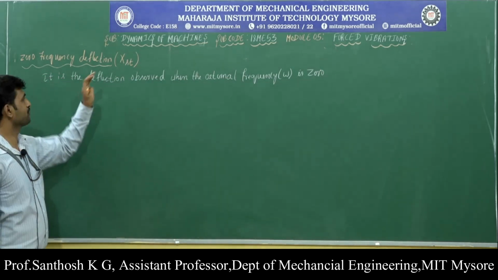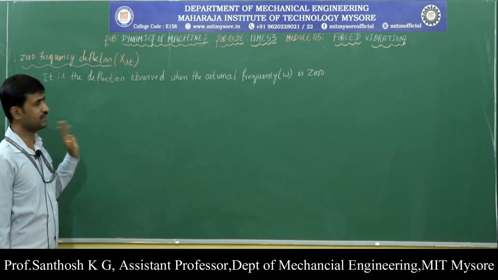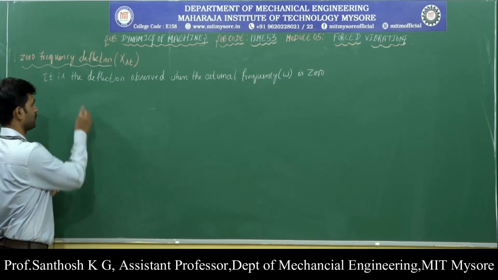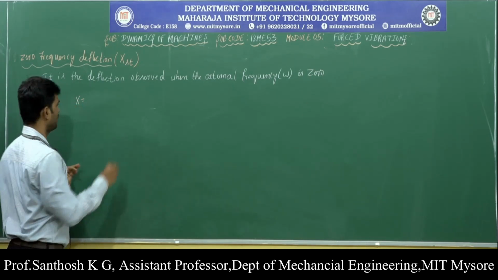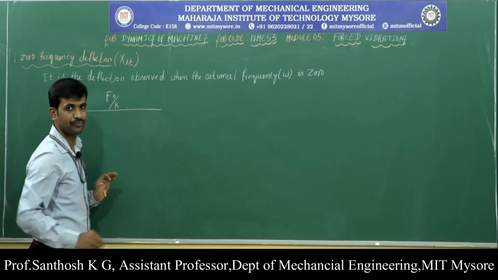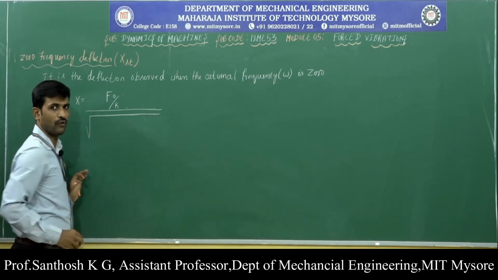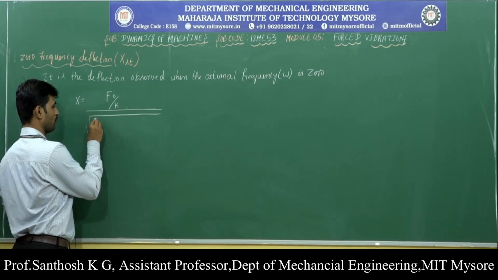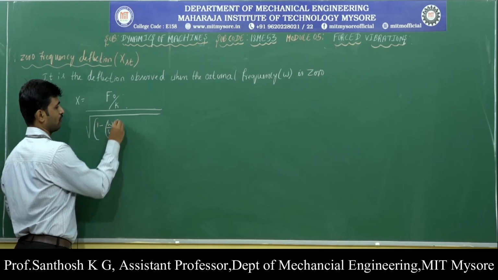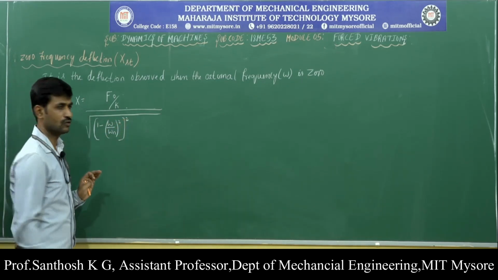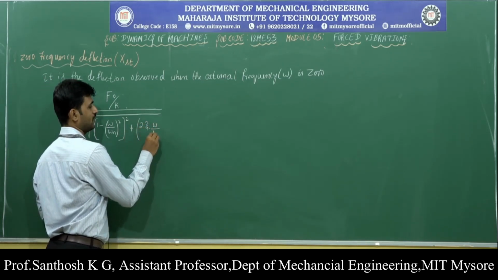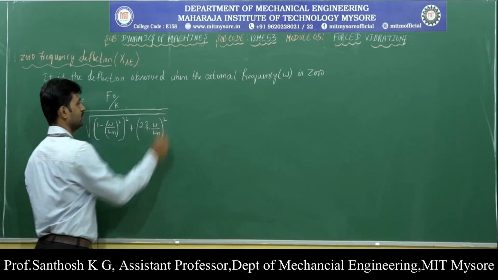Now, let us write the expression for zero frequency deflection by reading the definition. The steady state amplitude x is given by F naught divided by k, divided by square root of 1 minus omega divided by omega n whole square, plus 2 times zeta omega divided by omega n whole square.